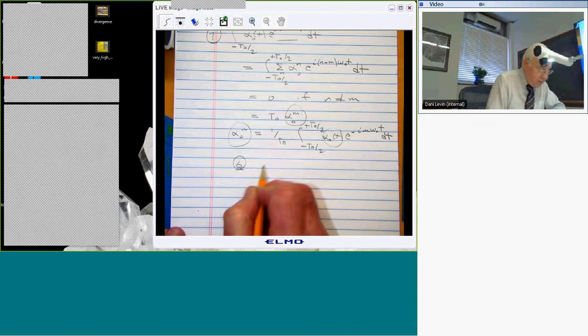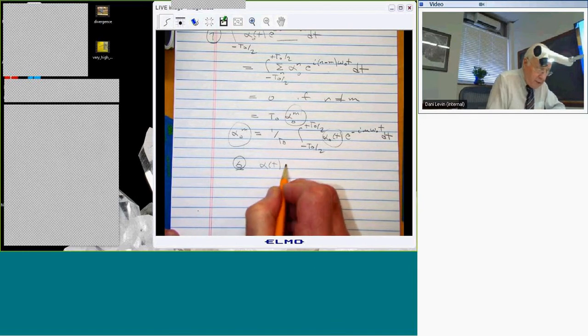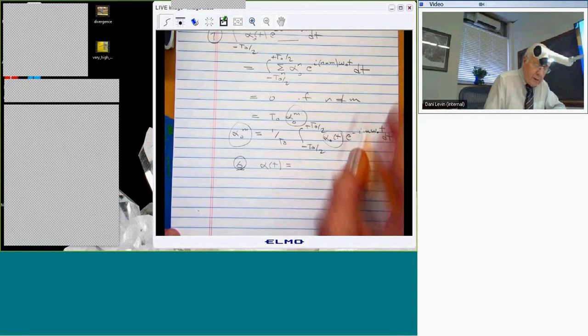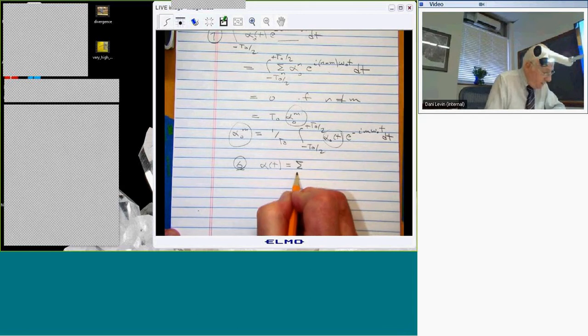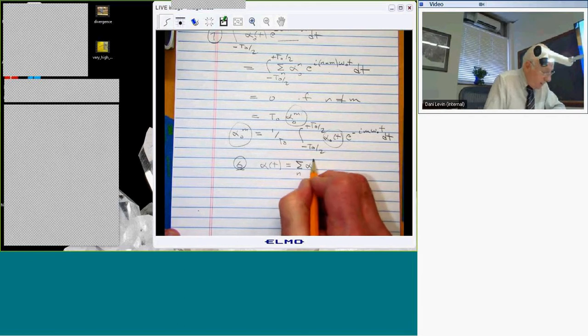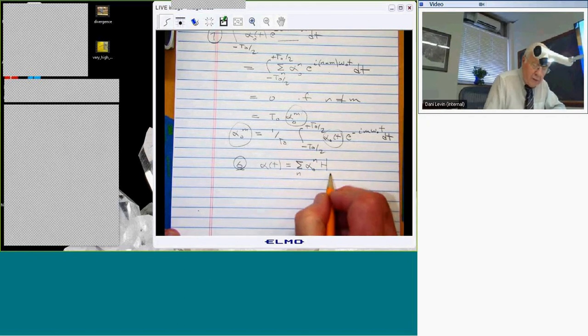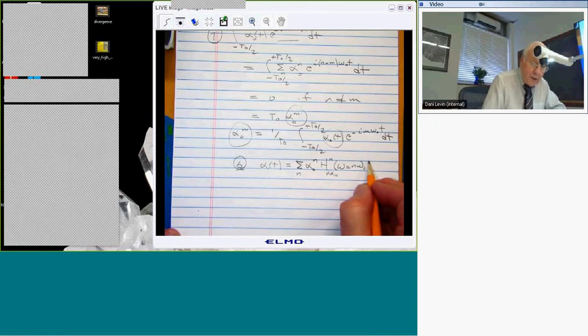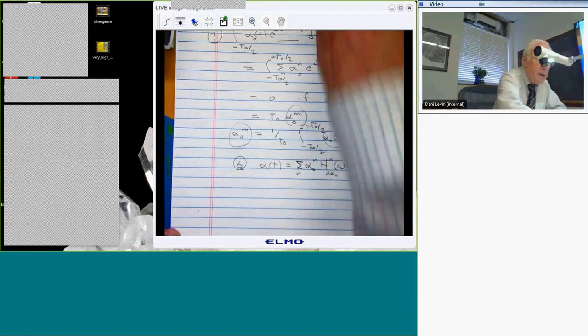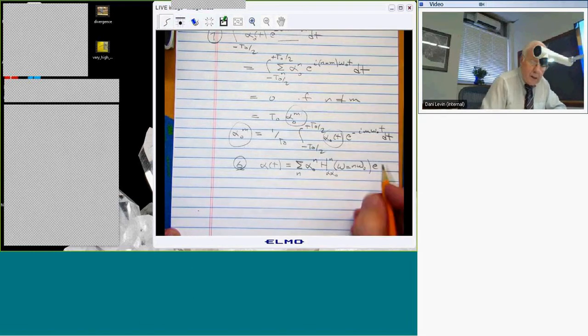The response alpha of t is now summation over n of alpha naught n, the transfer function, where the frequency in the transfer function is evaluated at n times omega naught, times e to the I n omega naught times time.